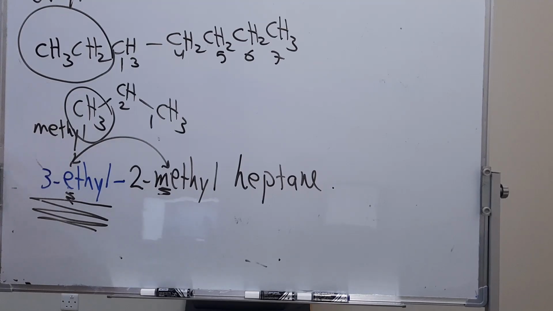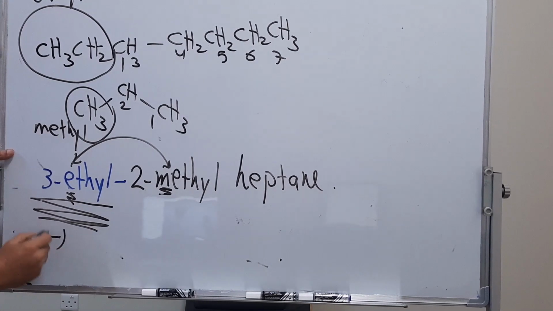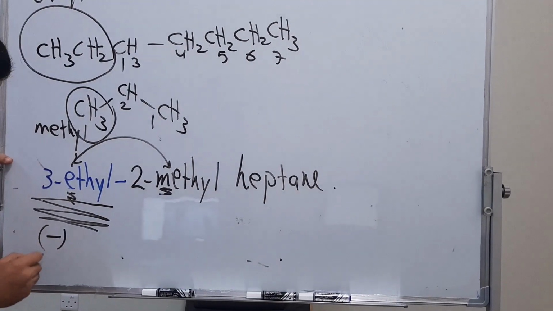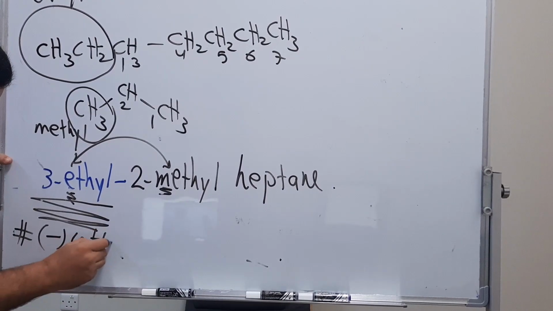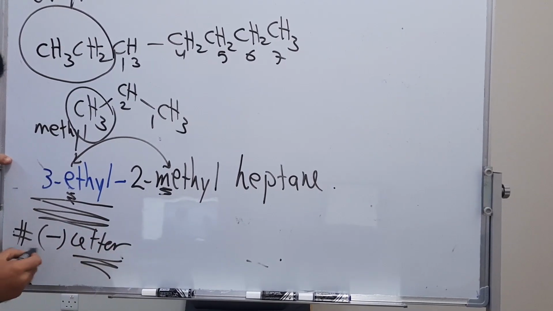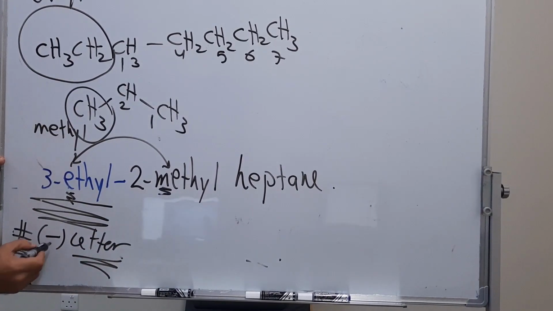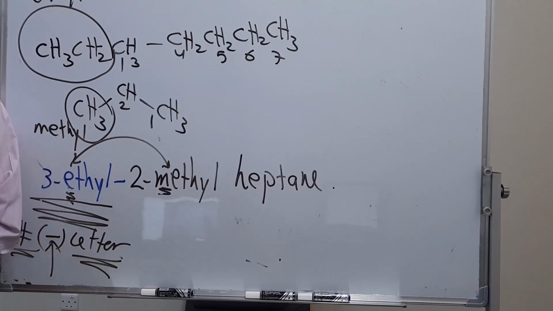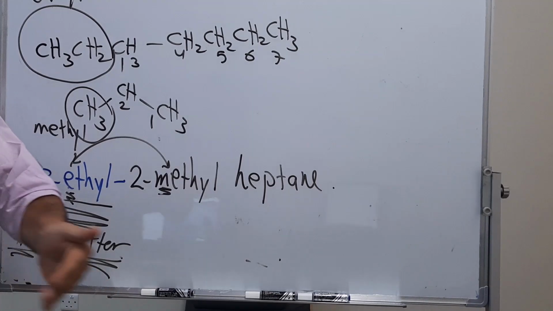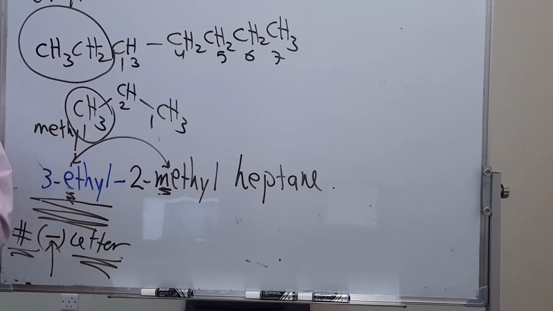The second rule: always use a hyphen between any number and letter. Between any number and a letter, we must use a hyphen. It's not a luxury that we sometimes use it and sometimes don't. These are rules, guys. We must fulfill them perfectly and precisely. You follow me?